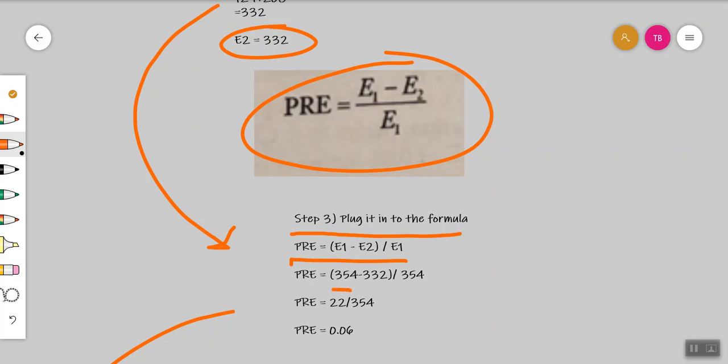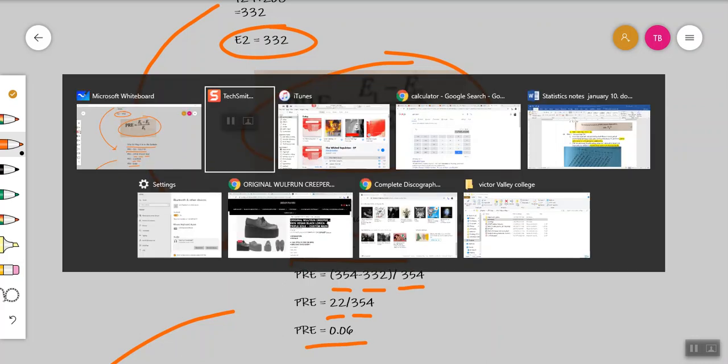So all I did is I looked above and took my numbers. Error 1 of 354, error 2 of 332, and my first step is I subtracted 354 minus 332 and got 22. I did that first because it's in the parentheses, and then divide by error 1, which is 354, and I got 0.06. Let's take a look at that on the calculator.